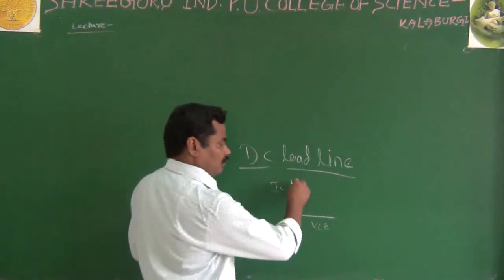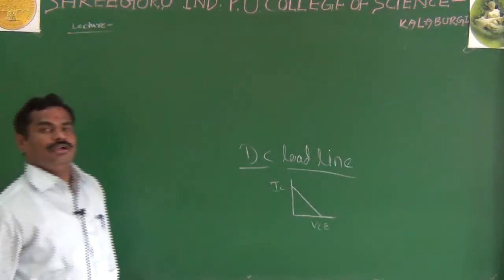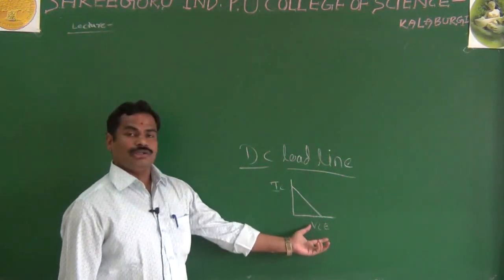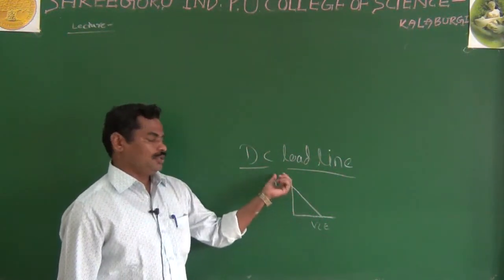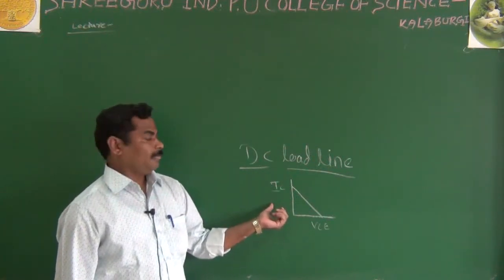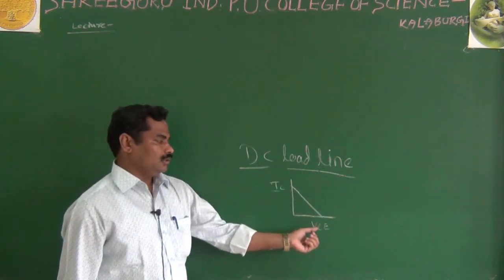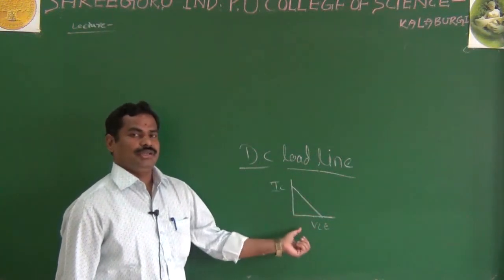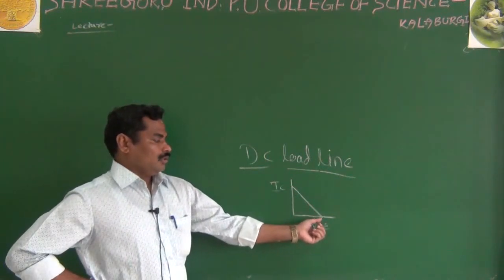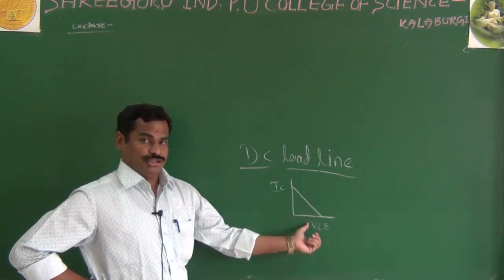A line drawn on the output characteristics, and it represents the different values of the output voltage corresponding to the different output current. Here the important thing is zero signal conditions.